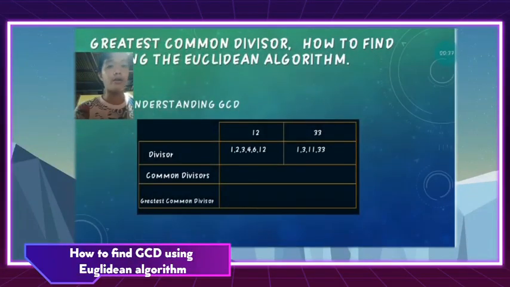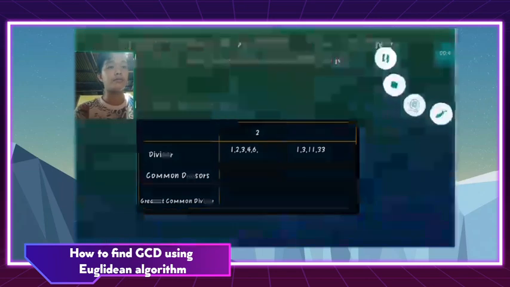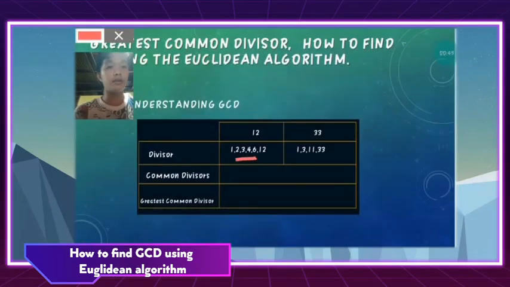Also we have the number two in this set, and in this set there is no two. And back to this set we have three, and in this set also three.